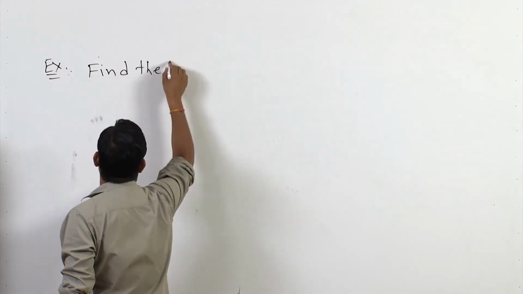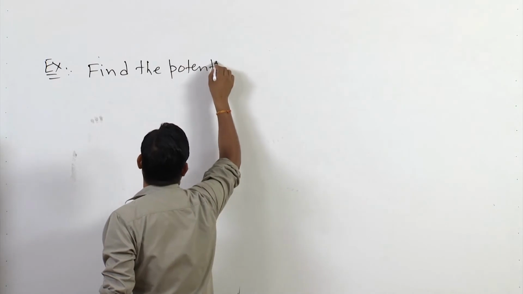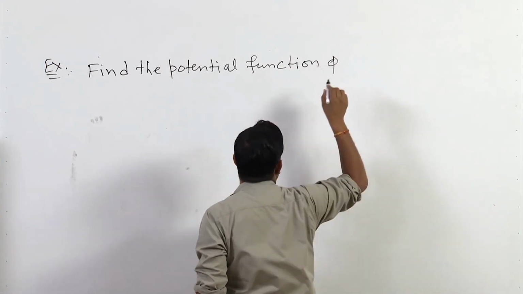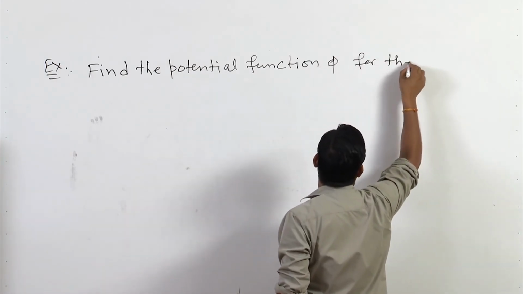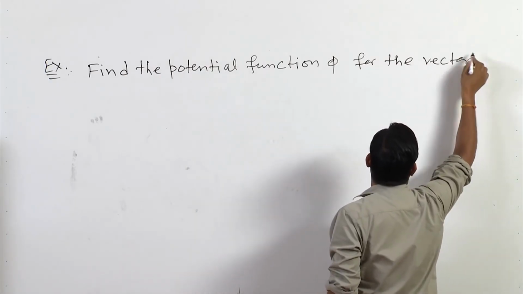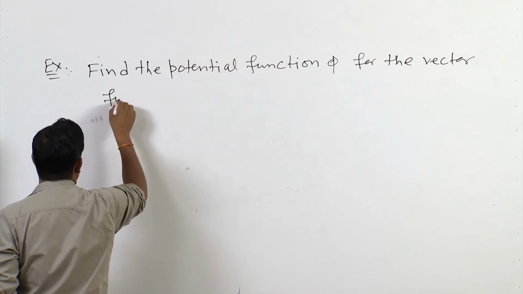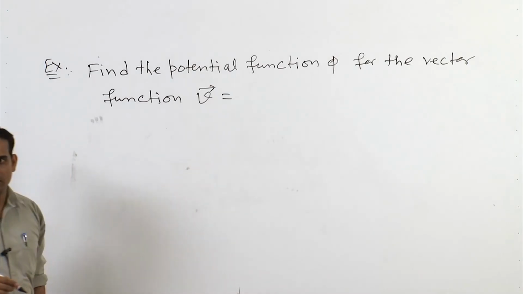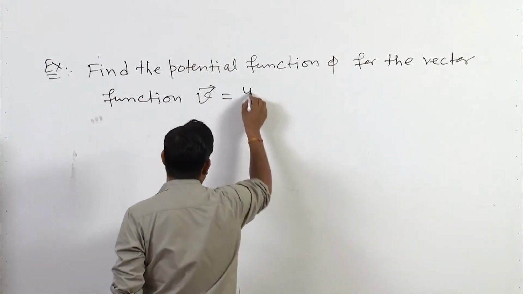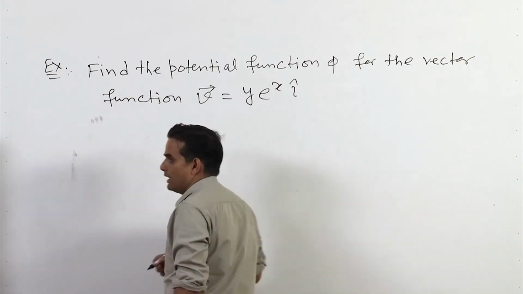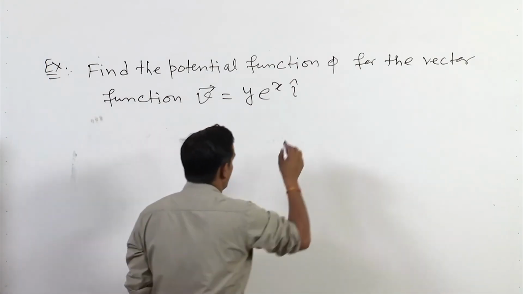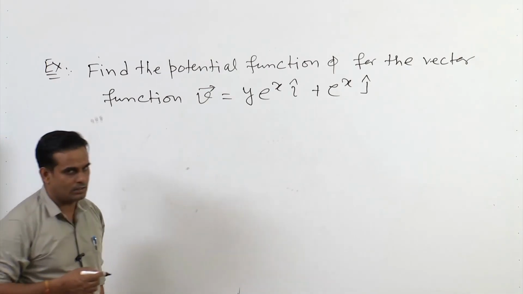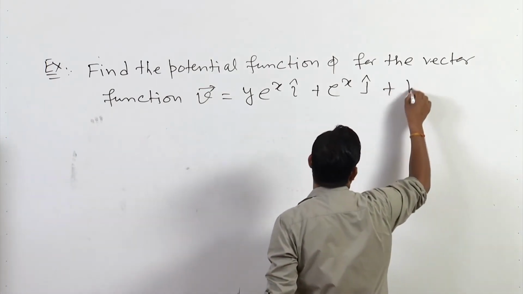Find the potential function phi for the vector function v equals y e raised to power x i plus e raised to power x in the direction of j plus k.